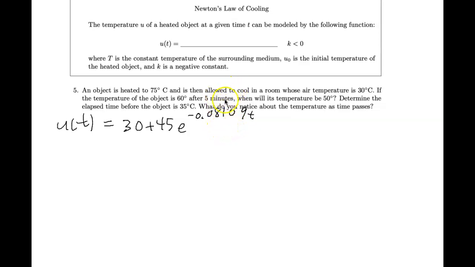And the next thing that we wanted to address was determine the elapsed time before the object is 35 degrees. And so we're going to set u of t equal to 35 and solve for t.